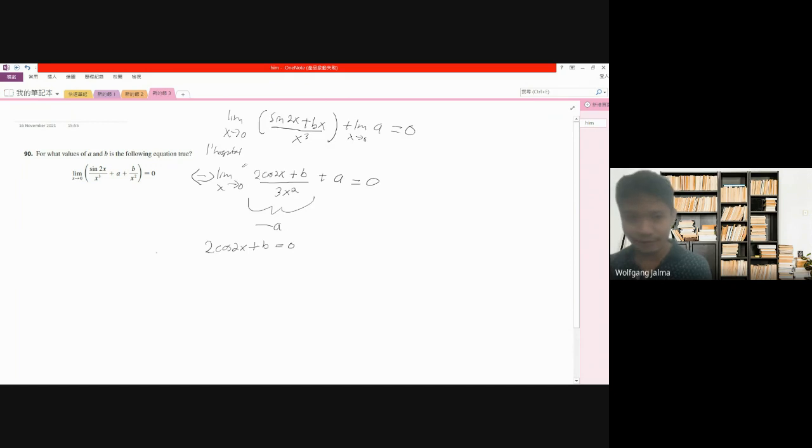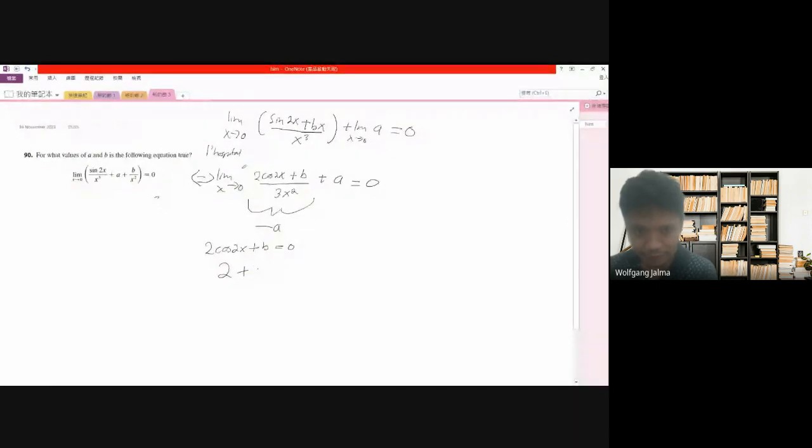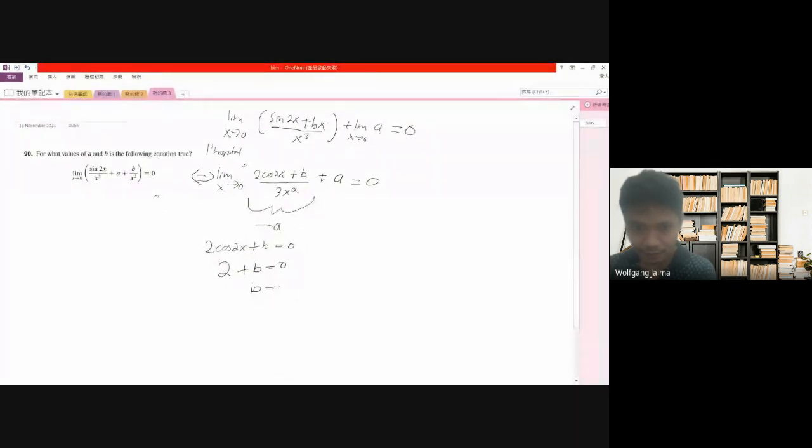Okay. So the first one becomes, because we substitute x with 0, 2 plus b equals 0. So b equals minus 2.